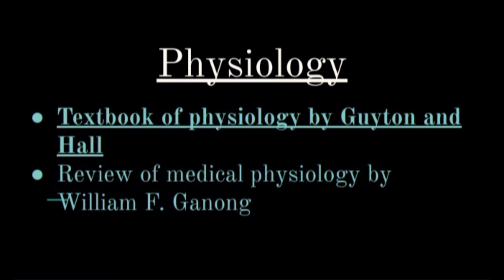Well, you should buy Guyton and Hall and study physiology from there, but you should also have a PDF copy of Ganong, because there are many points or topics that might not be in Guyton and you have to do them from Ganong.